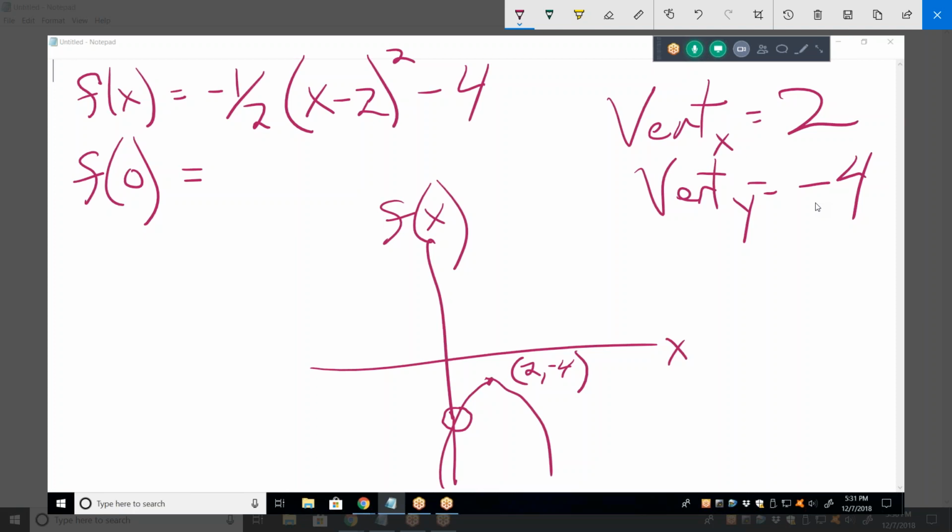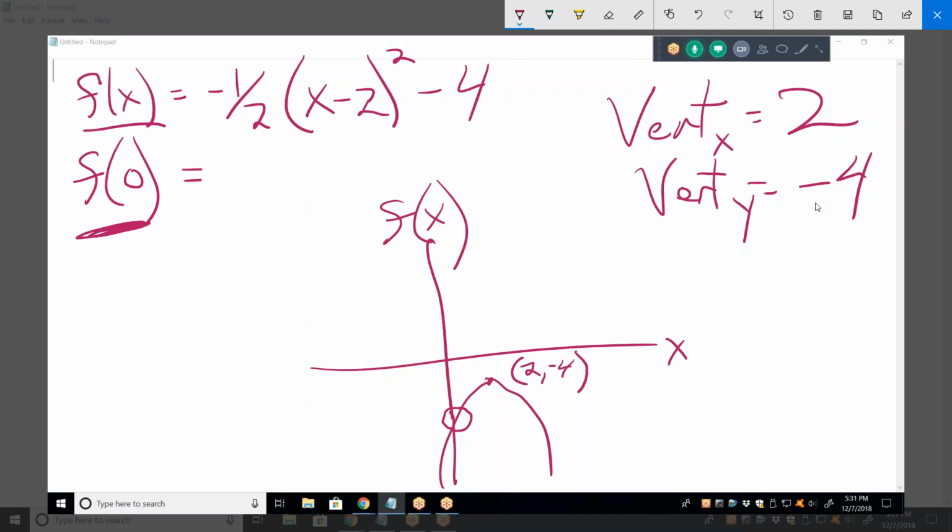First of all, you need to know what to do when you see this. When you have a function that is a function of x, and somebody says evaluate that function, what is f of 2 or f of 3? In this case, what is f of 0? How do I solve that? What am I going to do with that 0? Plug it in for x.